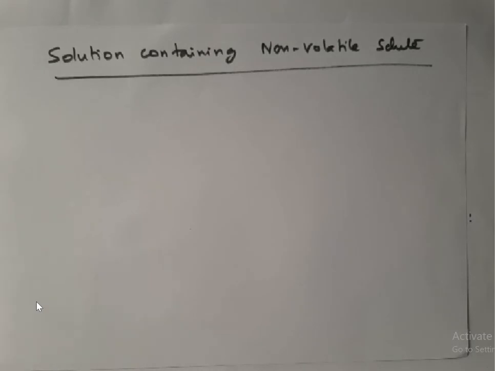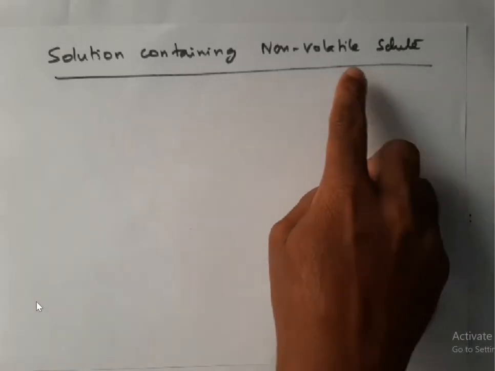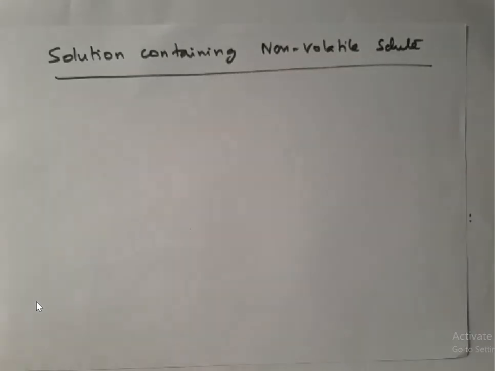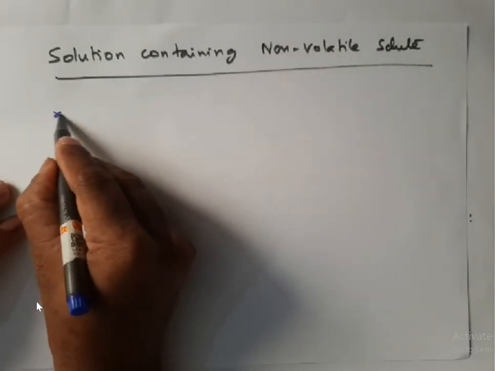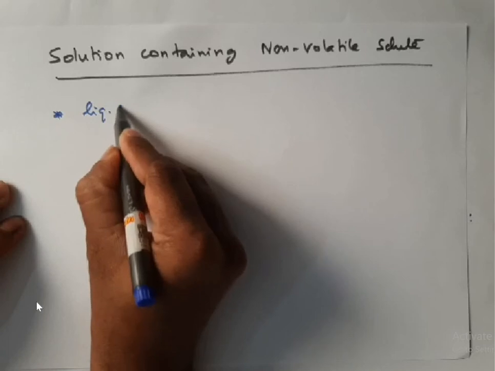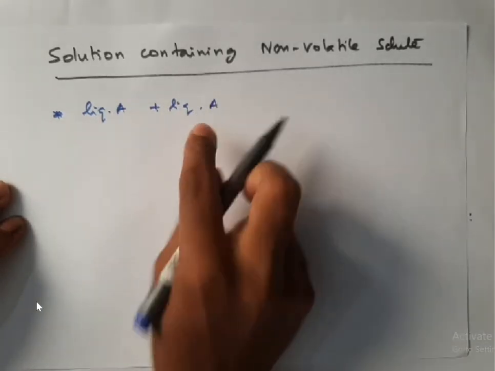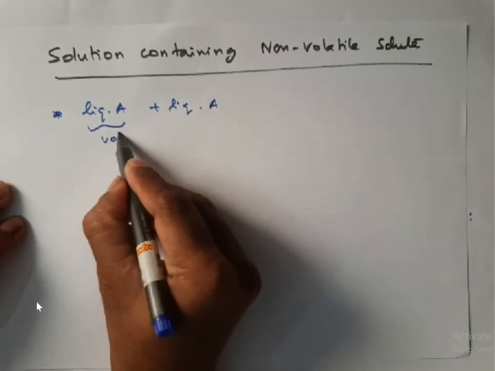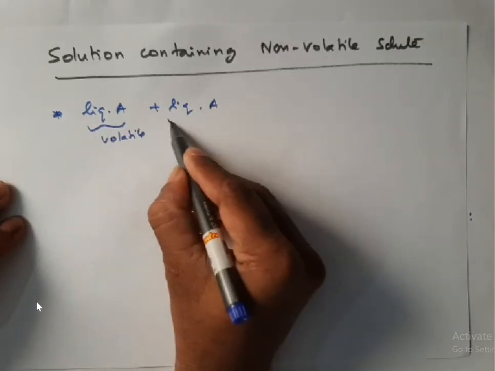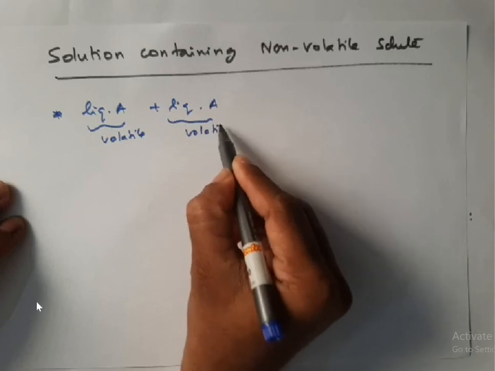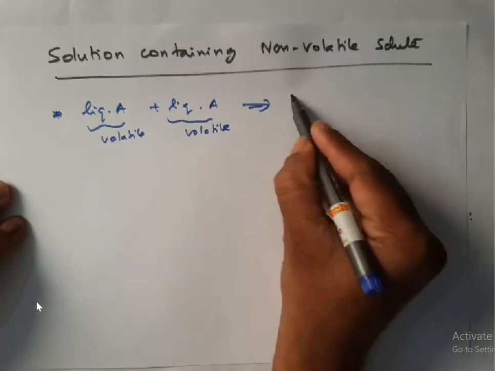We have taken two liquids and we formed a solution. Now I'm going to take a solution containing, see, so far what we discussed, we took two liquids, both are volatile. This is volatile, this is also volatile, and we formed a solution, right?